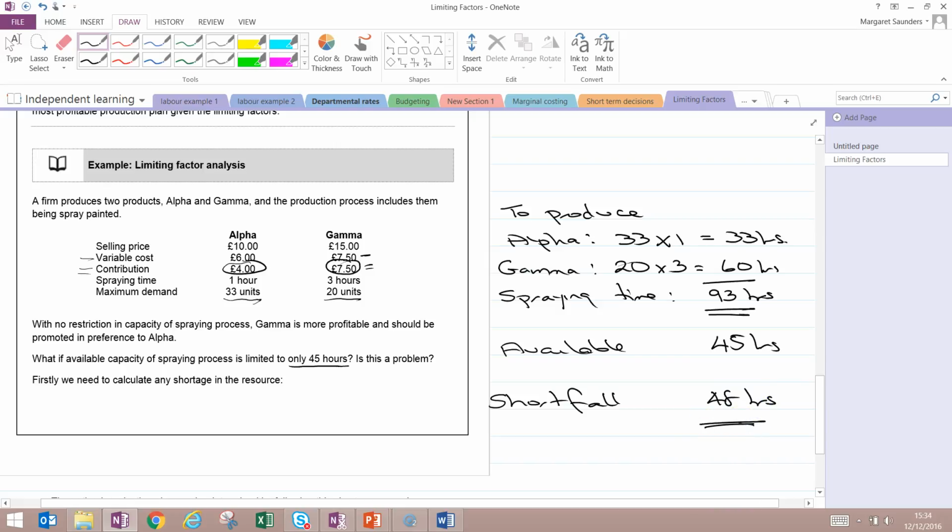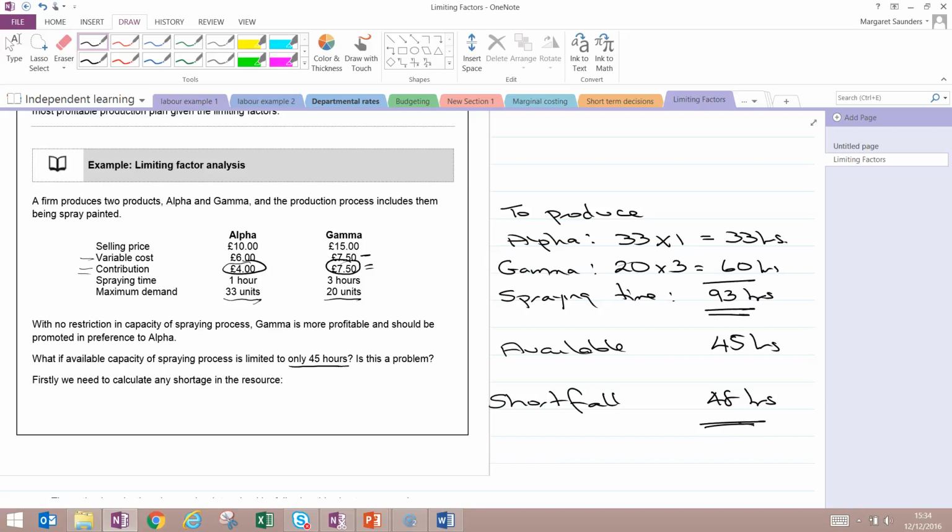So we know that we are limited as to what we can do by the amount of spraying time that we have. To meet our maximum demand, we need 93 hours spraying time. We only have 45 hours spraying time. So the question is, what do we do with that spraying time? Do we produce alphas? Do we produce gammas? Do we produce a mix of both?